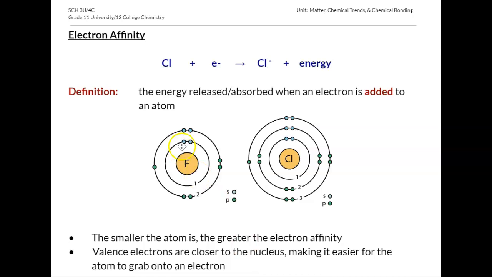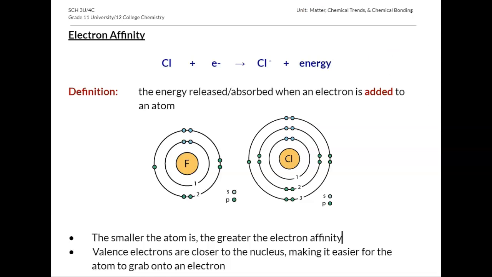I also want to talk about this whole business of released versus absorbed. Some atoms are not going to want to have an electron added to them. In fact, they're going to reject that, and so in order to add an electron, we're going to have to use a whole lot of energy to push that electron where it doesn't really want to be.